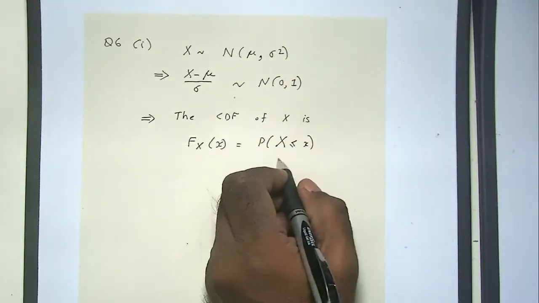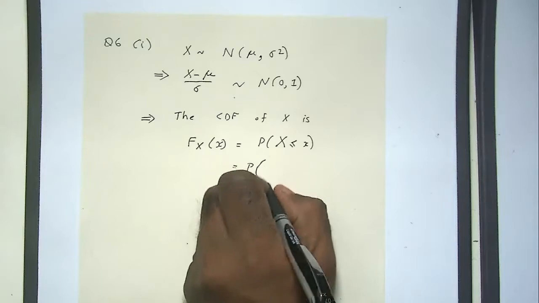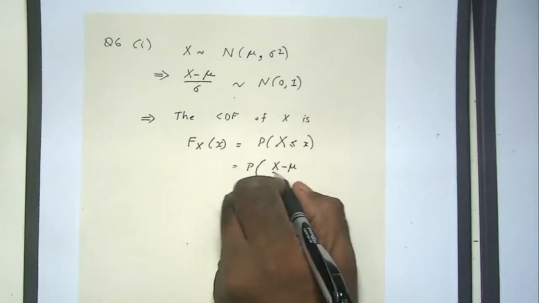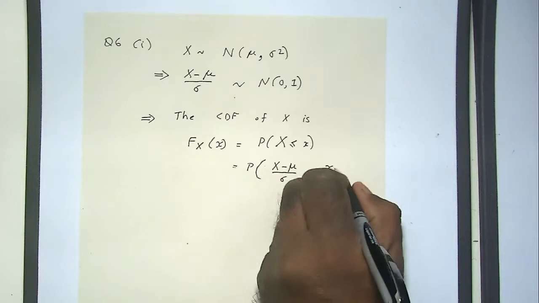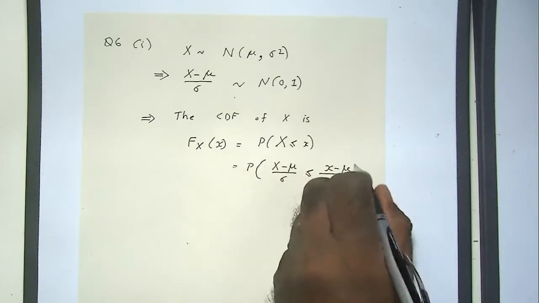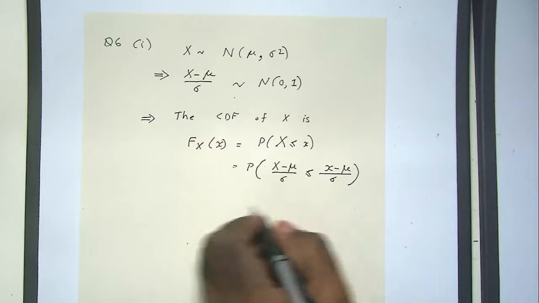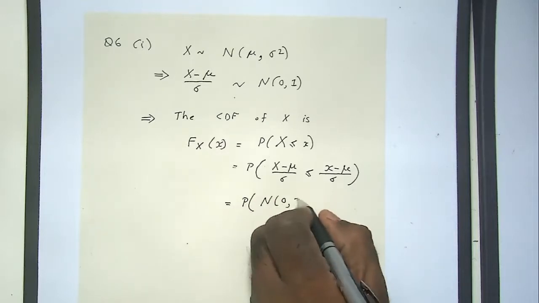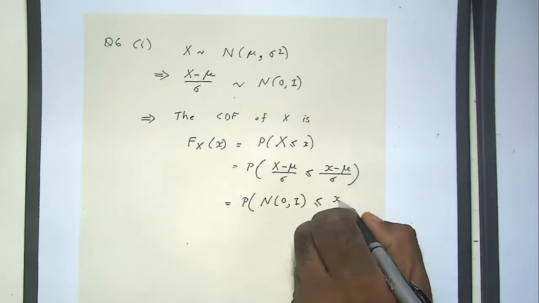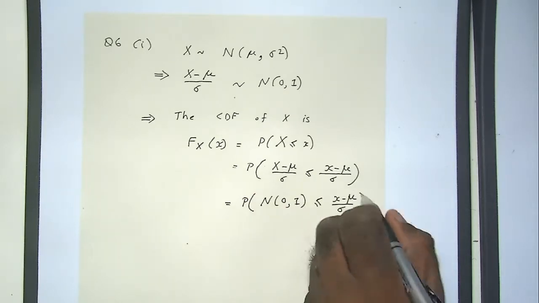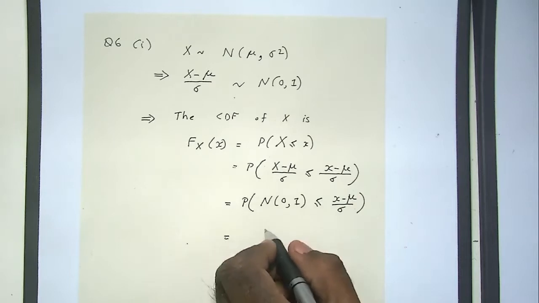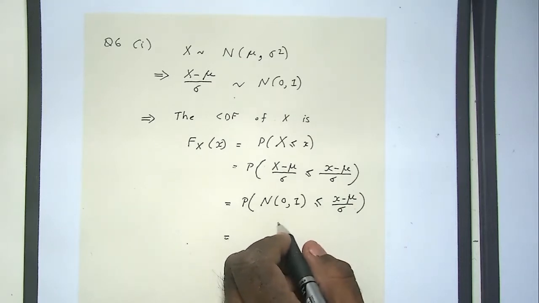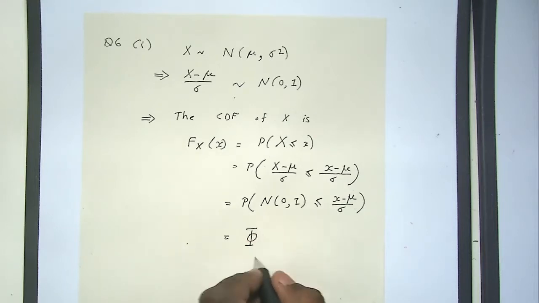By definition, this is the CDF of X, and this you can write as this, right? You see what I've done on both sides. Now, on the left hand side, you have a standard normal variable, and on the right hand side, you have this. You know the notation for the CDF of a standard normal variable, phi. This is the notation for the CDF of N(0,1), right?